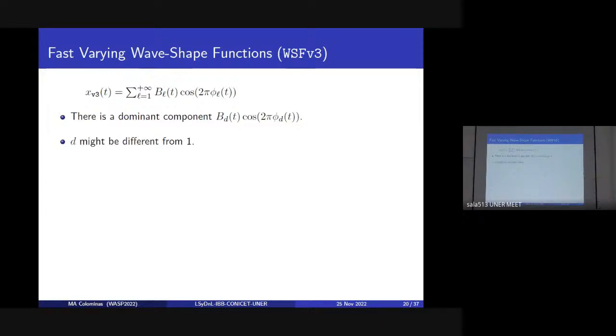D might be different from 1, so maybe the dominant component is not the fundamental component. And we will replace this fundamental frequency, as you can see, by the derivative of the dominant phase divided by D. So this is a new estimation of the instantaneous frequency that is given by the dominant harmonic, which might not be the fundamental harmonic.